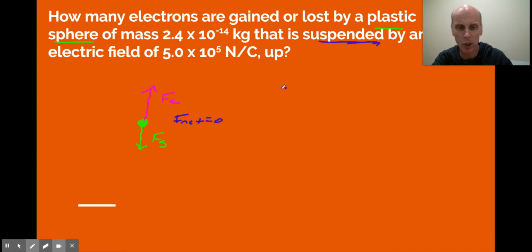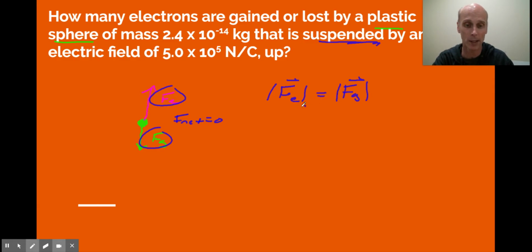And so we could jump right into this by making this equality where the electrostatic force magnitude-wise is equal to the force of gravity magnitude-wise. They add up to 0. This plus this equals 0, net force of 0. So we could just go right ahead and say the electrostatic force has the same magnitude as the gravitational force.